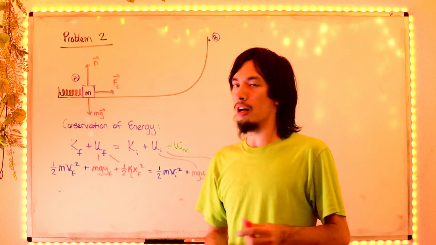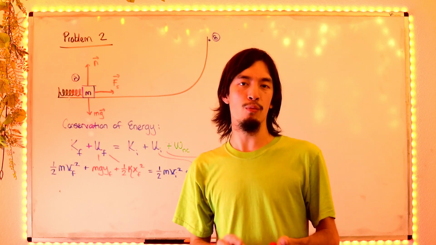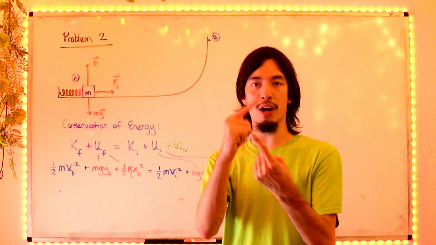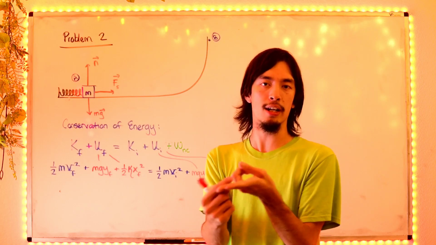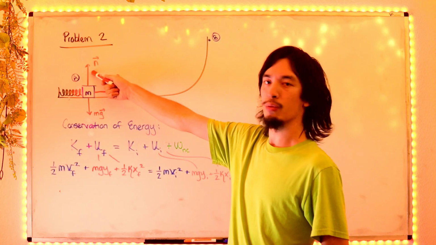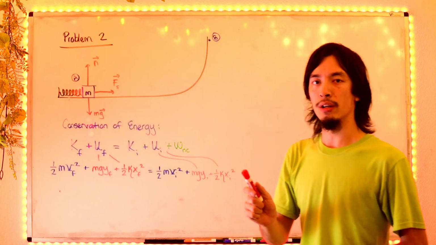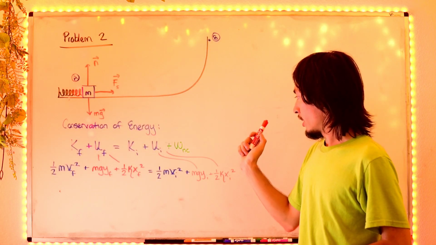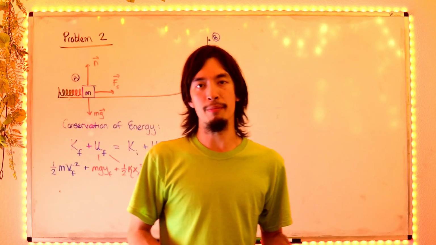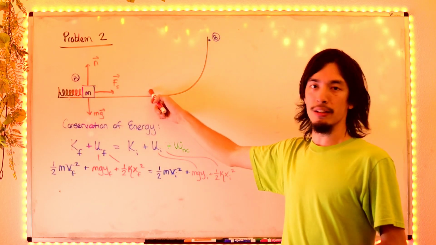So again, our non-conservative forces will be everything except the things that we can talk about as potential energies. So anything that's not gravitational and spring is considered non-conservative so far. So that means there's only one force which is considered non-conservative. It's the normal force. But now, despite having a non-conservative force, we're not going to have any work done by it because the normal force is perpendicular to the motion.